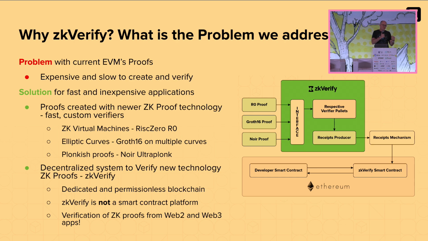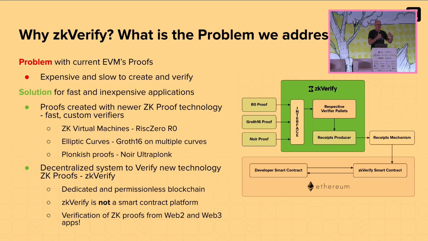And once 2 of 3 validators verify the proofs, they're put onto the blockchain. For a lot of Web2 applications, that's all you need right there. Fast, quick, inexpensive proofs. However, we also integrate with many different types of Ethereum virtual machines.